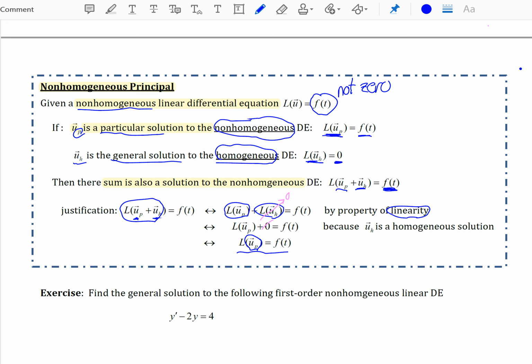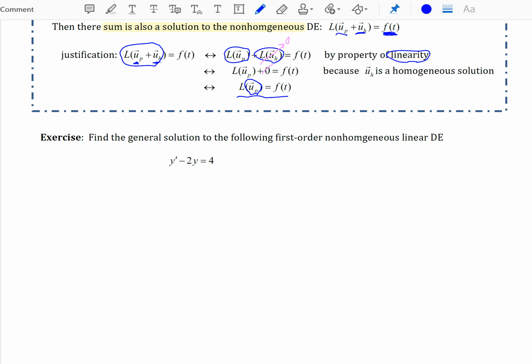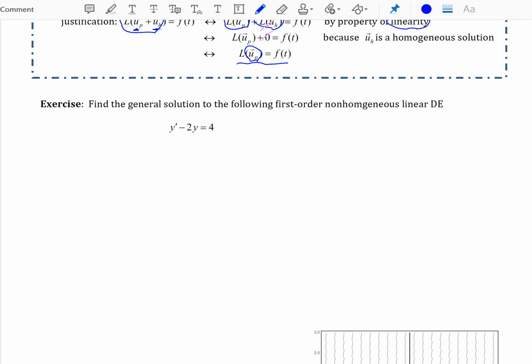Now, what I'm trying to get at here with this non-homogeneous principle is that it gives us a method for solving some simple linear differential equations. And I say simple because it won't work for very complicated ones yet, because I haven't gotten that far in our theory yet. I will get there soon, though.